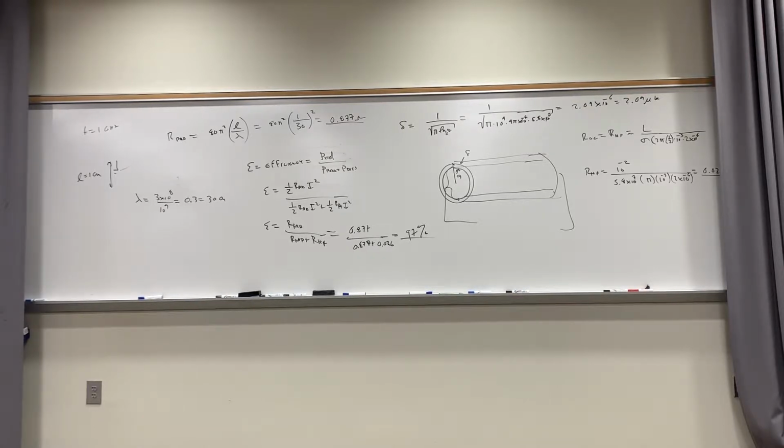The key is understanding how skin depth affects your radiation, your resistance, and your losses. One other thing, I think I mentioned this before, but when you have high frequency applications, when I was doing my graduate work, my master's work, I was using a 13.56 megahertz source to create a plasma.